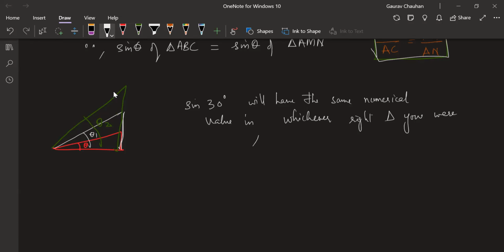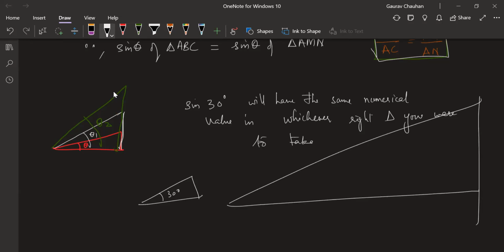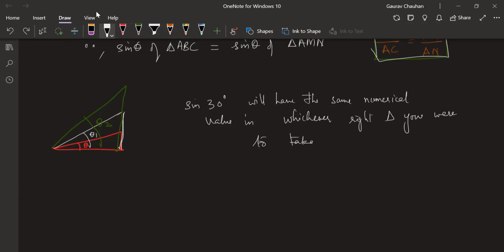It does not matter whether the triangle is this small and this is 30 degrees, or if the triangle is this big and this is also 30 degrees. If both are 30 degrees, then both triangles automatically become similar, because of which the ratio of opposite by hypotenuse in both of these triangles will end up having the same numerical value. This is a very, very important result.